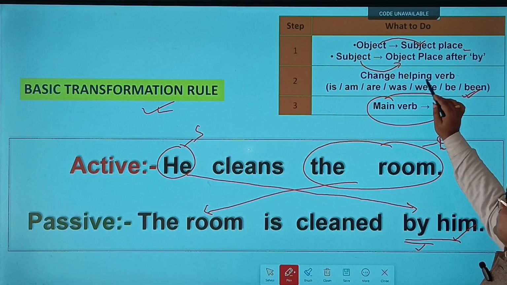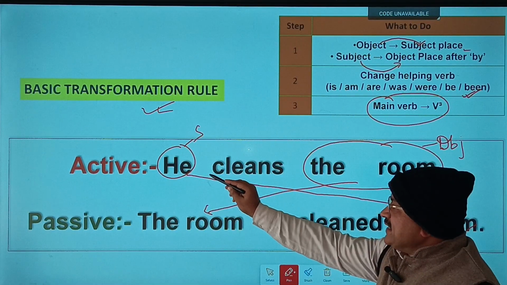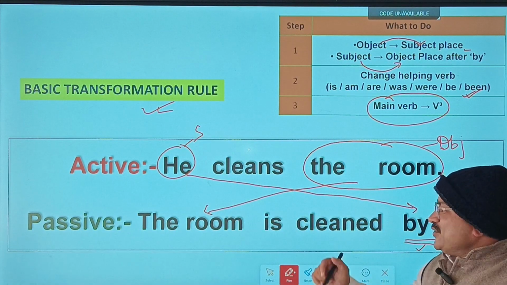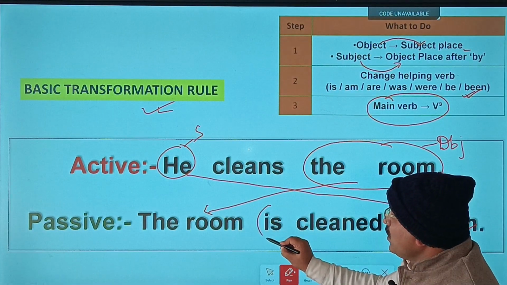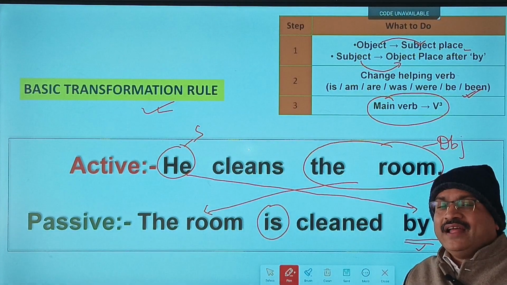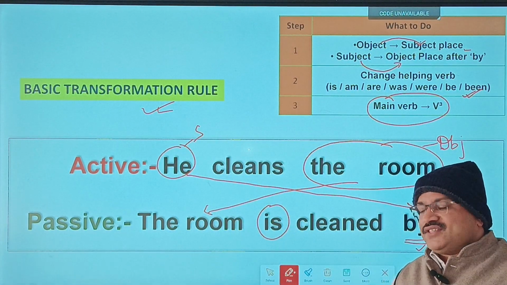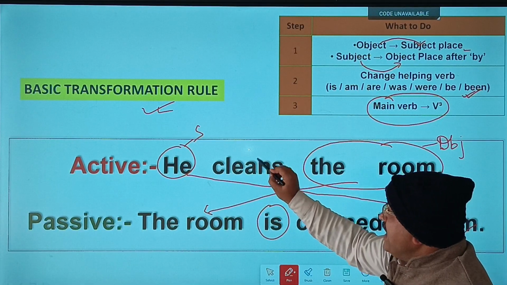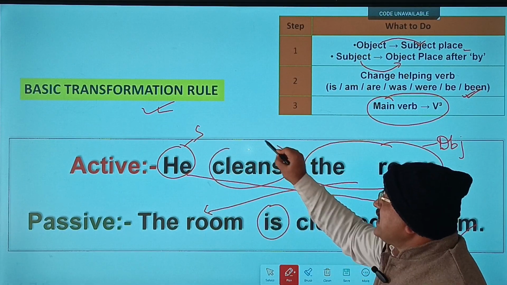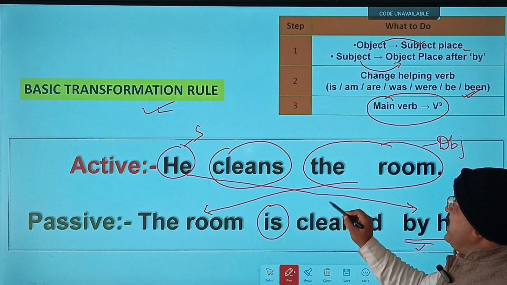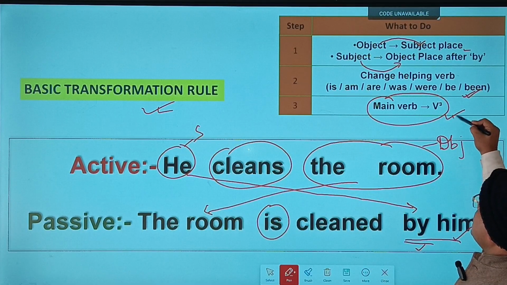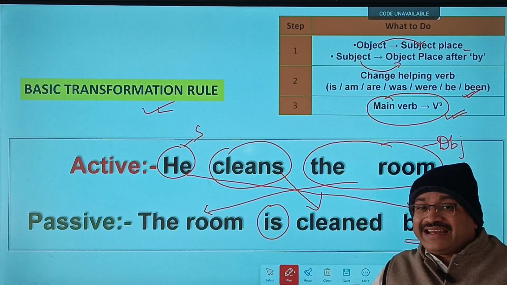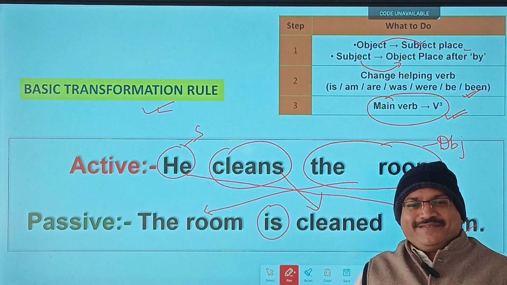Second step, change helping verb. Since this sentence is simple present tense, so the helping verb, be verb, is what? Is. We'll understand how these verbs are changed. So is. And the main verb is what? Clean. So we have to always use what? Third form of the main verb. Clean, cleaned, cleaned.